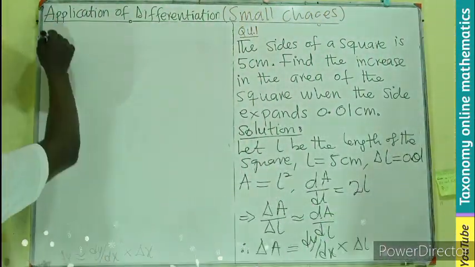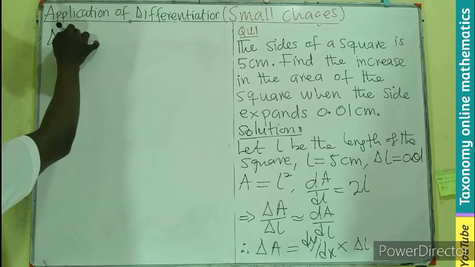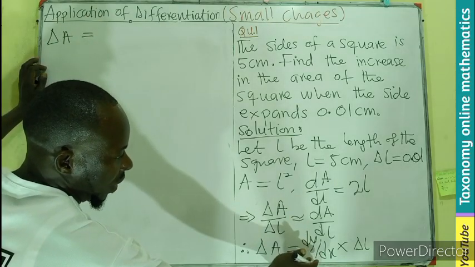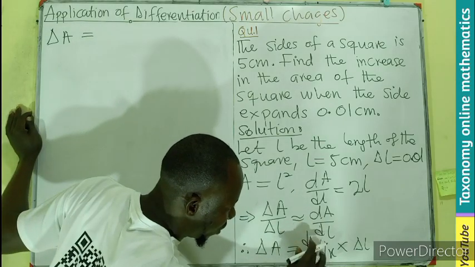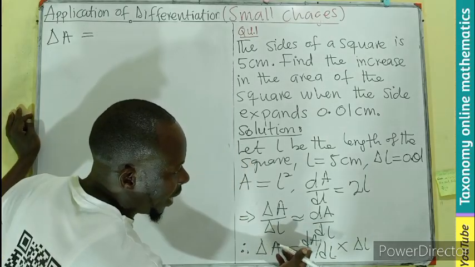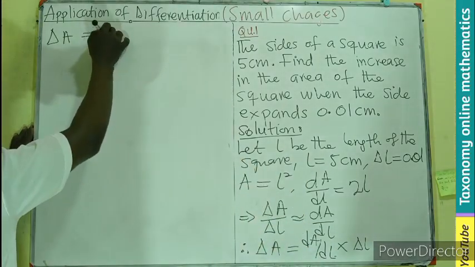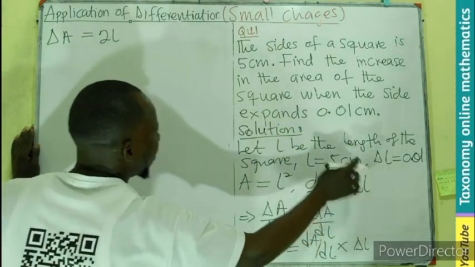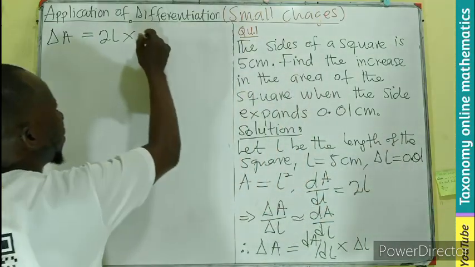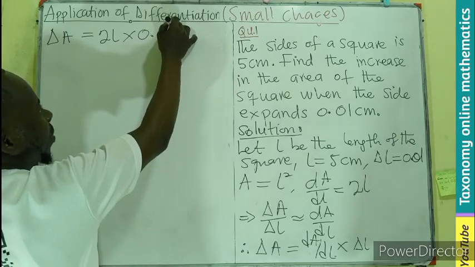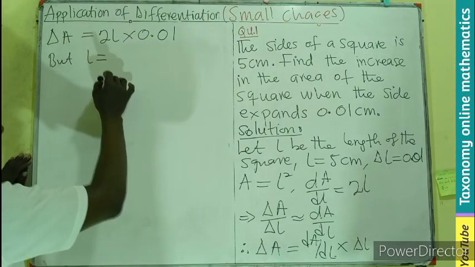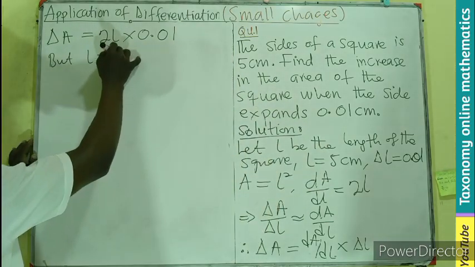So from here, I can say delta A is approximately dA dL, which is 2L in this case, multiplied by the small change in L, which is 0.01. But we also know that L is given to us as 5 centimeter.